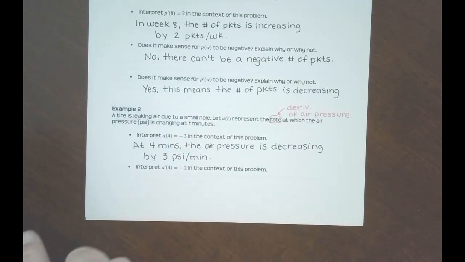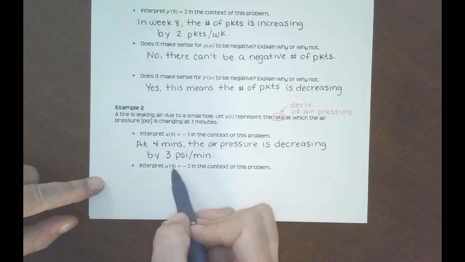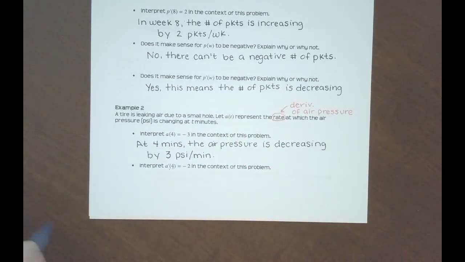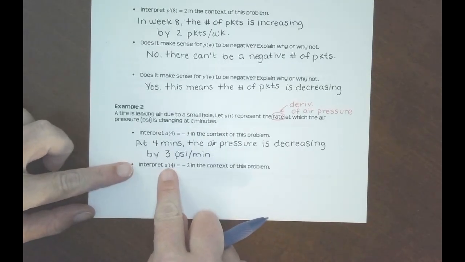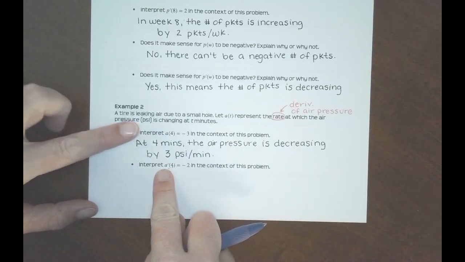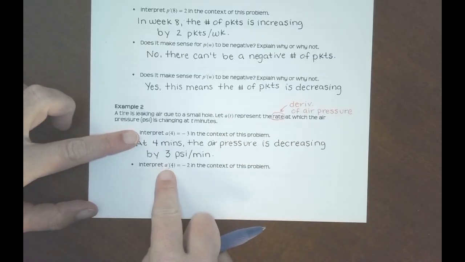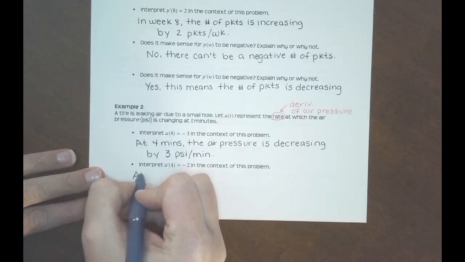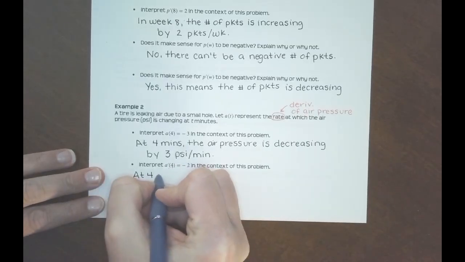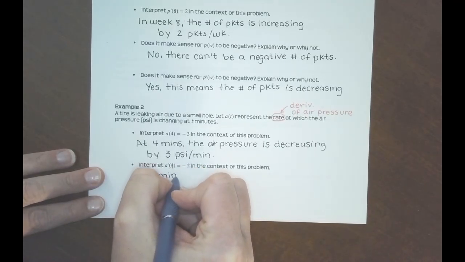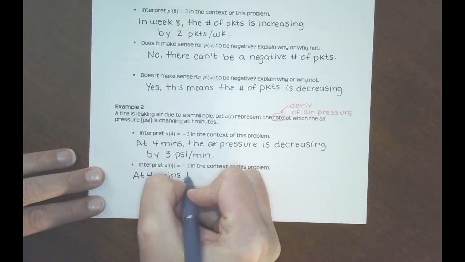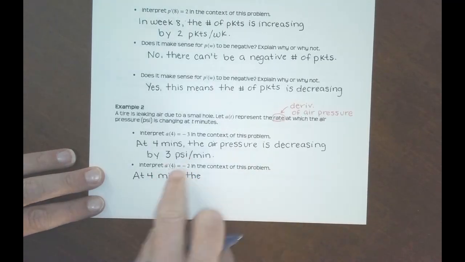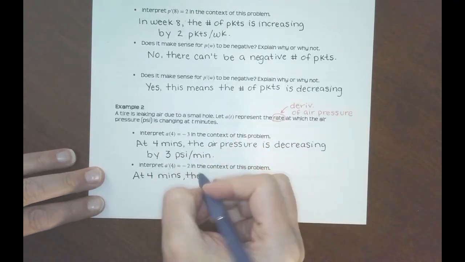Okay, so in this context, when I ask you to take a derivative, you're taking a derivative of something that's already a rate. So we're going to treat this like a second derivative, right? And anytime we take a derivative, we are saying, how did this thing, which is this up here, change? So for this justification or explanation, I'm going to say at 4 minutes, now we have to remember, what was A talking about? A is a rate.